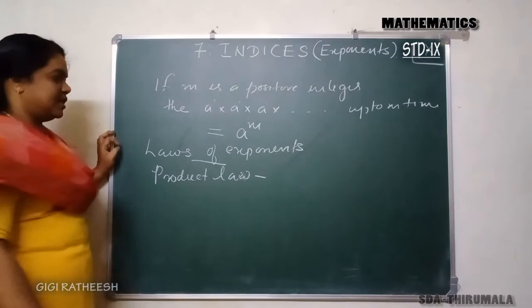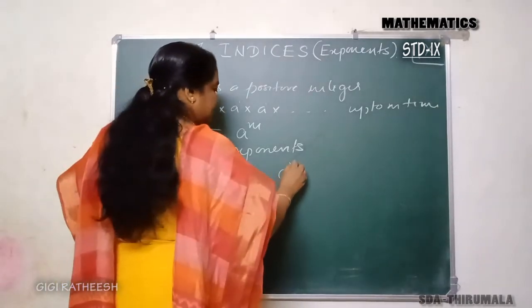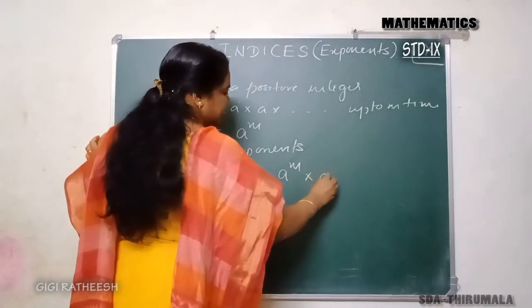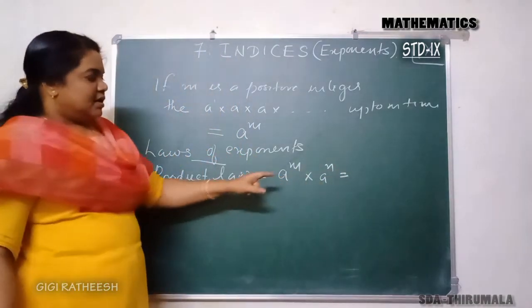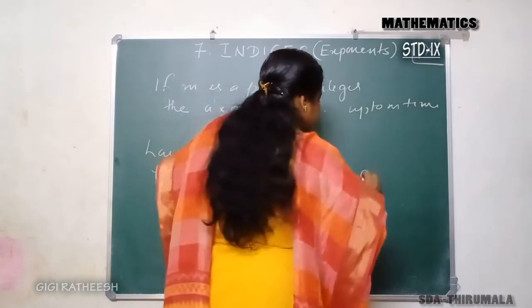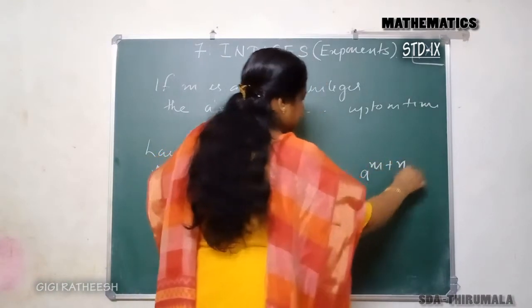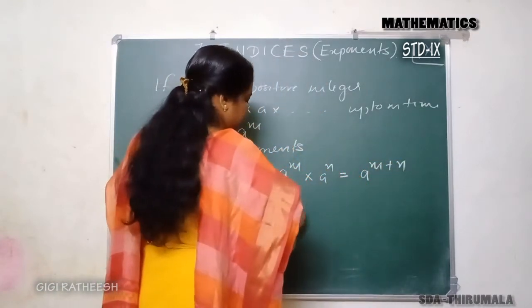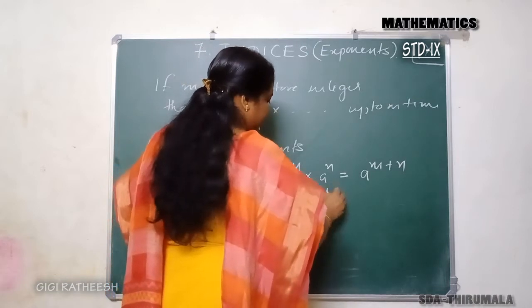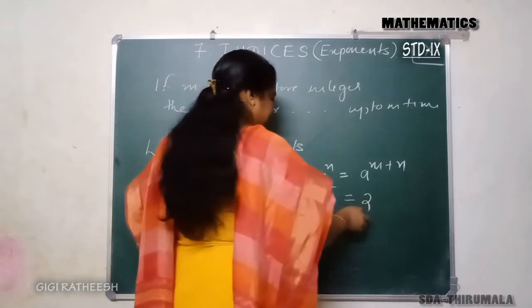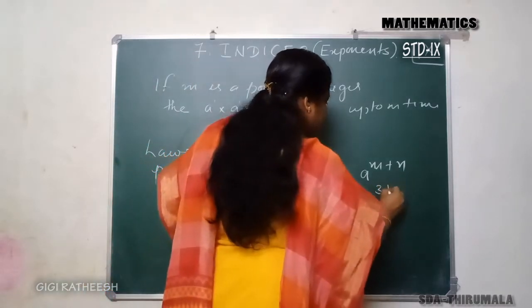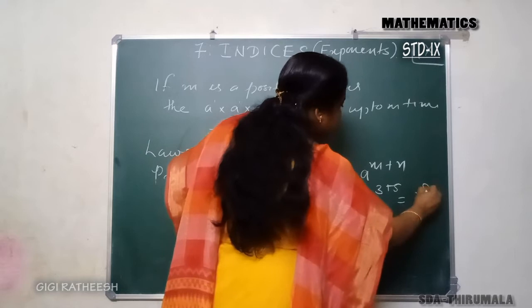Product law is a raised to m into a raised to n is equal to a raised to m plus n: if the base is the same, we can add the exponents. For example, 2 raised to 3 into 2 raised to 5 is equal to 2 raised to 3 plus 5, that is 2 raised to 8.